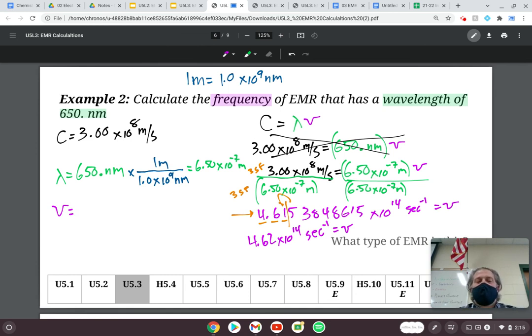Now, in this instance, I still have to figure out what type of electromagnetic radiation this is. I can use either the frequency that I just calculated or the wavelength that I was given. I usually like to use the number given in the problem because that's the original measurement, so it's 650 nanometers.